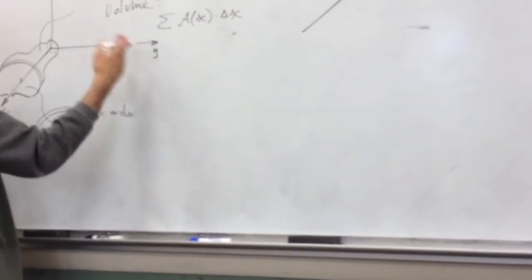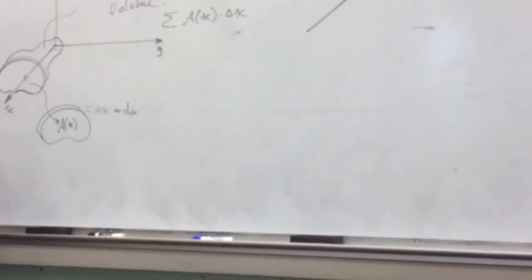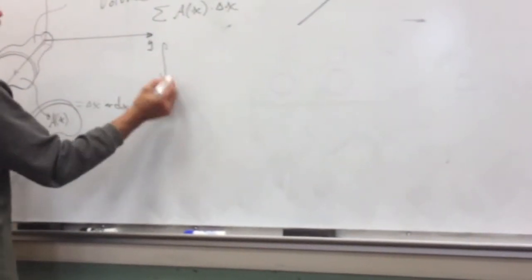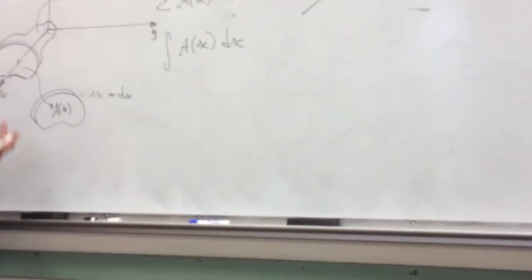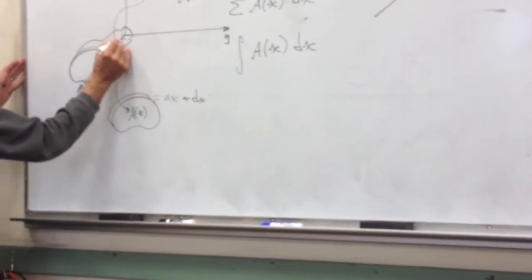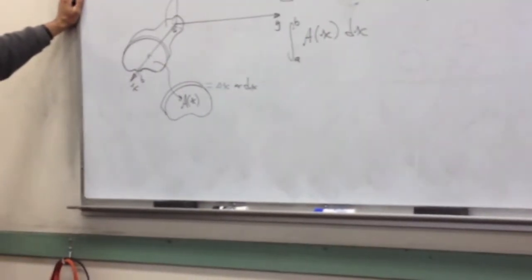But when I take the limit and think of the slices as being real thin and having infinitely many slices instead, this ends up being some kind of an integral of A of x dx, and whatever you want to think of as being the limits in here. Maybe it starts at a and goes to b, then this would go from a to b to add up all those slices.